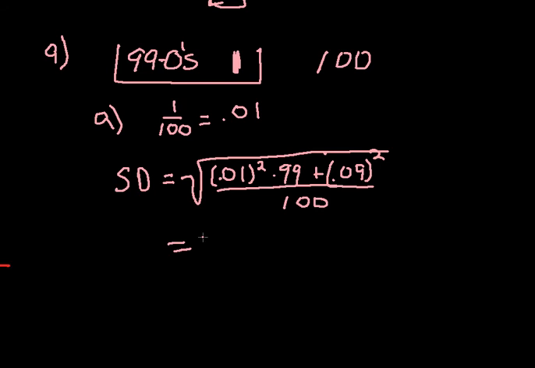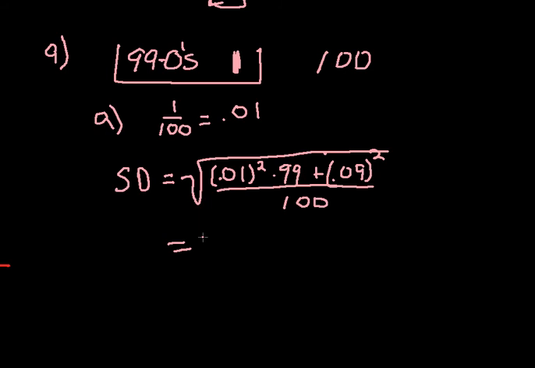We got 0.01 squared times 99, then we have 0.99 squared, we're going to add that to the 0.0099, divided by 100.